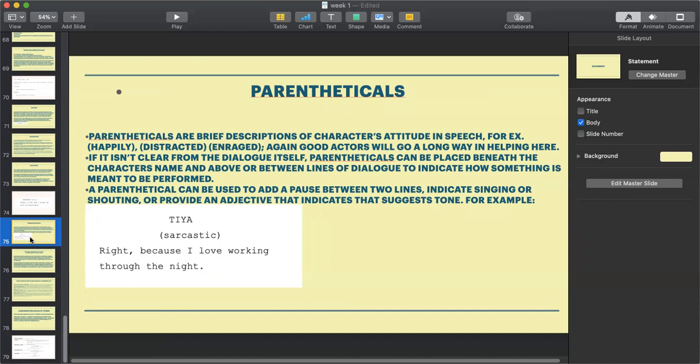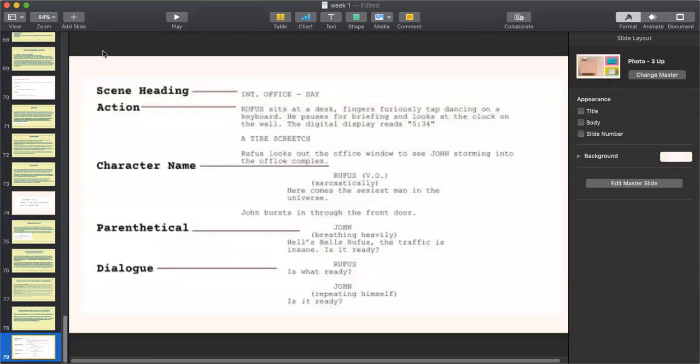So remember this particular format of the script very, very properly. I will talk about the format in more detail in the next classes. We will talk about camera angles and camera shots also. And I will show you how to write a script from a story. Okay. And then you will be doing some class exercises.